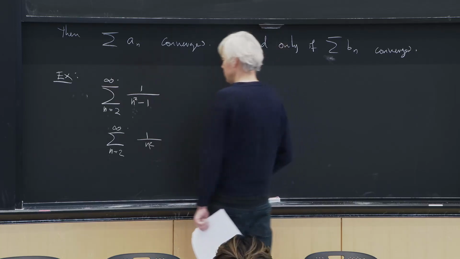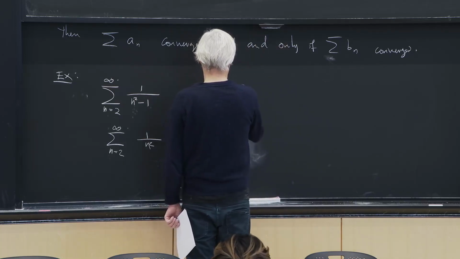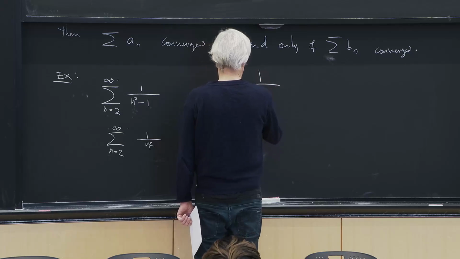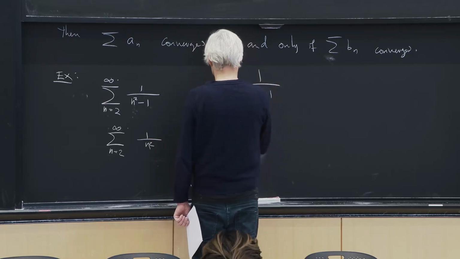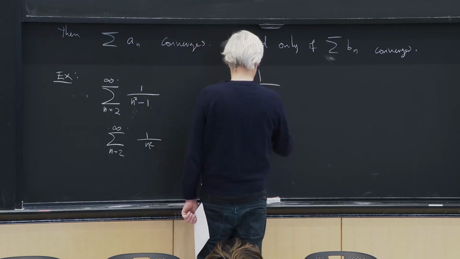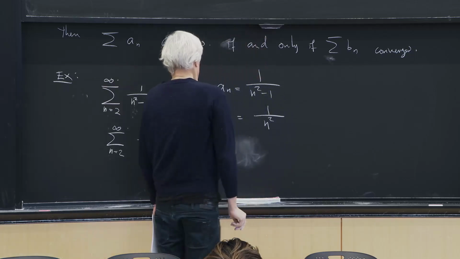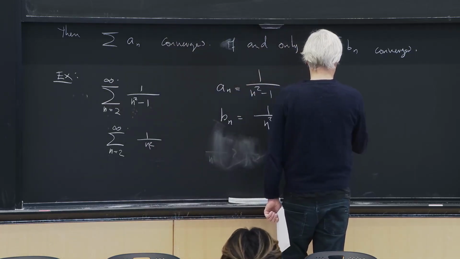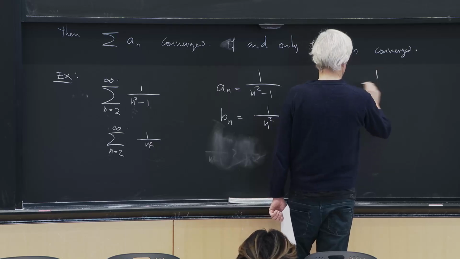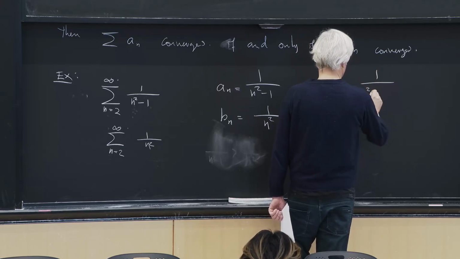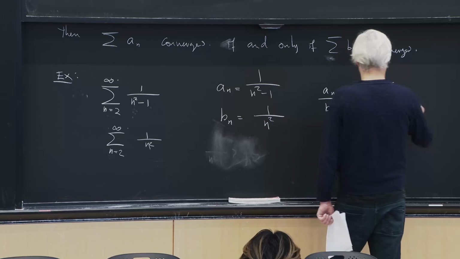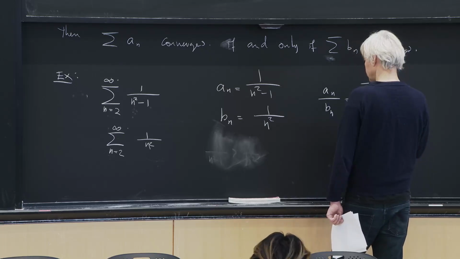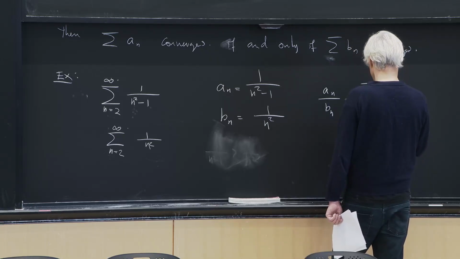In the second test, you set an equal to 1 over n squared minus 1, and you set bn equal to 1 over n squared. Then you have an divided by bn, which is 1 over n squared minus 1, over 1 over n squared.